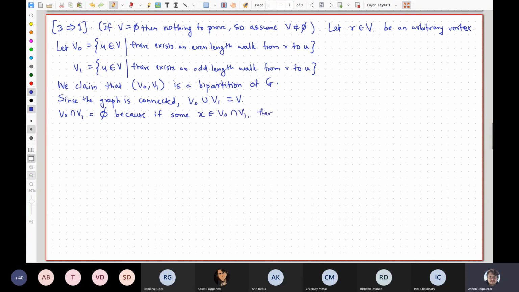There exists an even length R to x walk and also an odd length R to x walk.